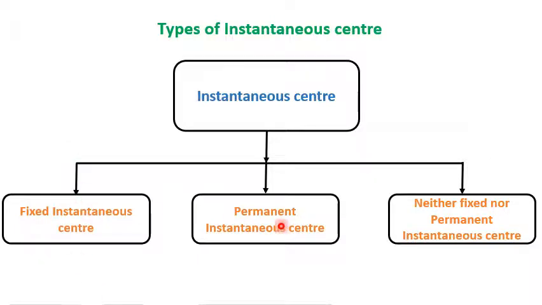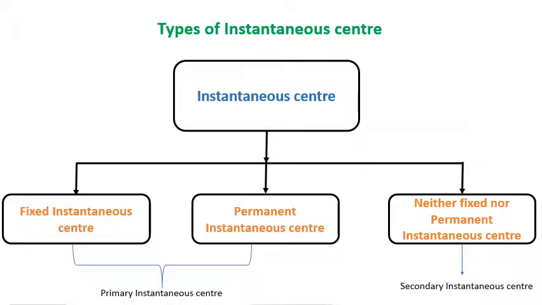The first two, fixed and permanent instantaneous centers, are called primary instantaneous centers, whereas the third one is called a secondary instantaneous center. In a mechanism, fixed and permanent instantaneous centers are located by observation only, whereas neither fixed nor permanent instantaneous centers are located by using Kennedy's theorem. It will be discussed in the later slides.